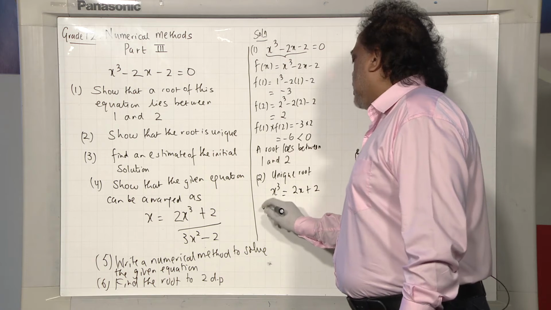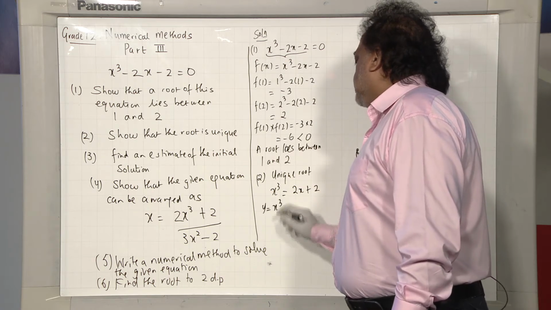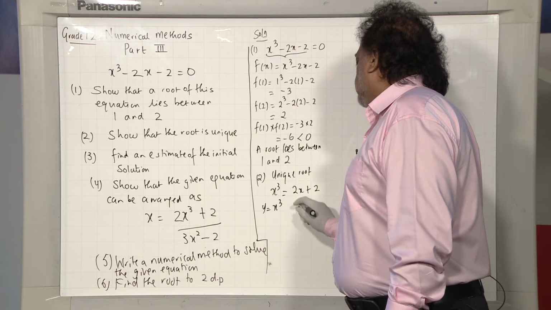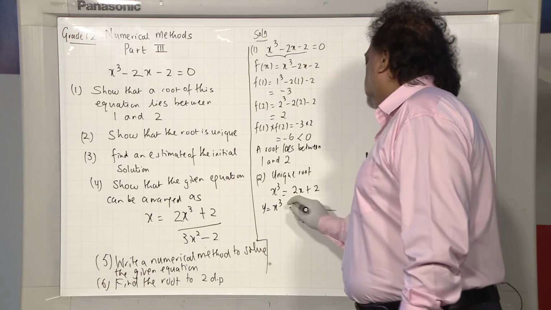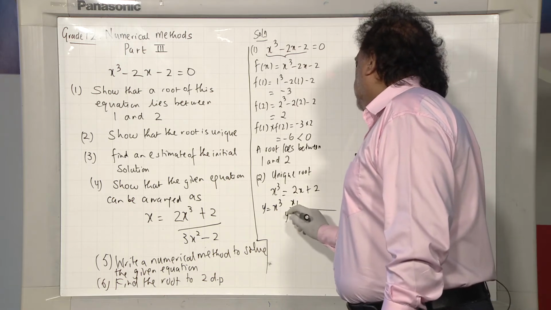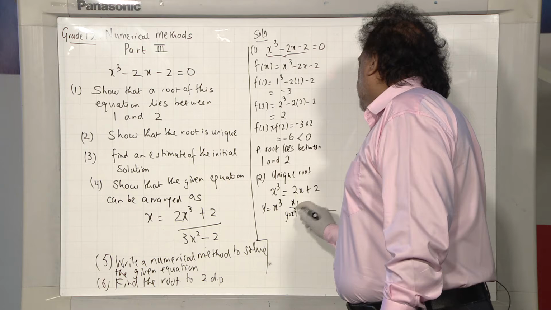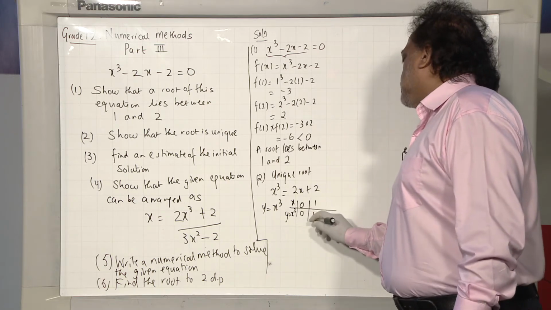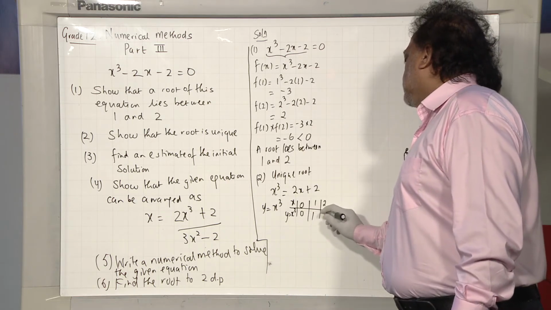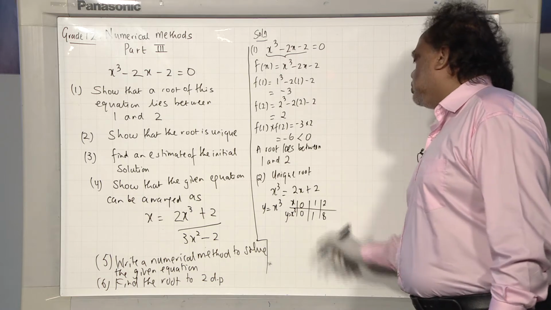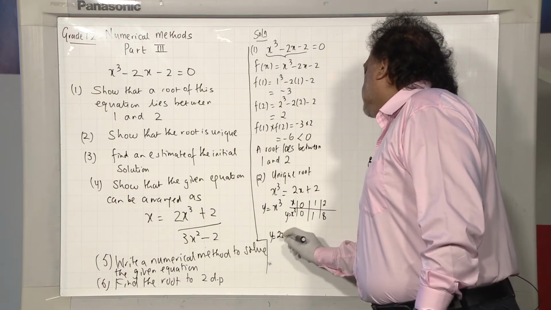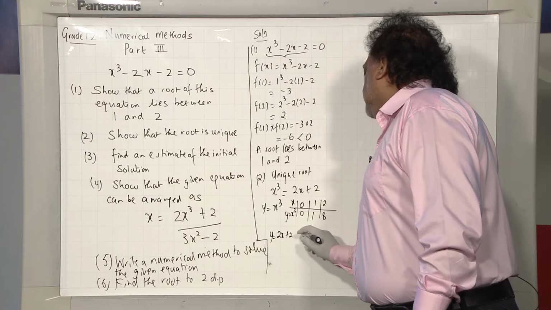So here I have y is equal to x cubed. I would request you to plot the points. When x is 0, y is 0. When x is 1, y is 1. When x is 2, y is 8. 2 cubed is 8.